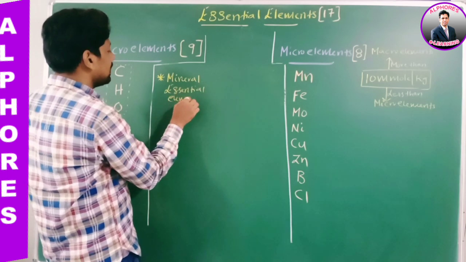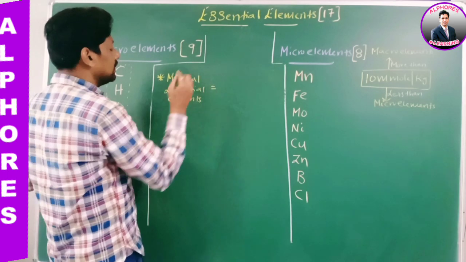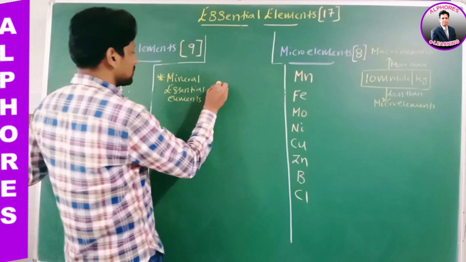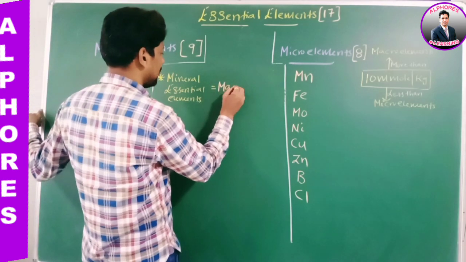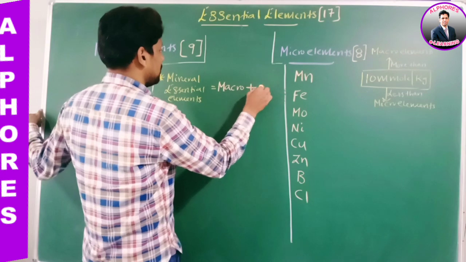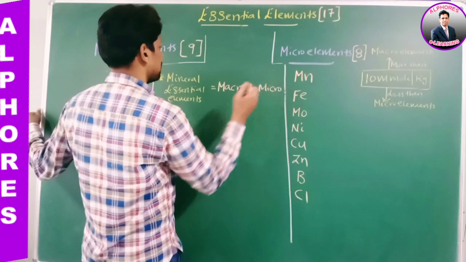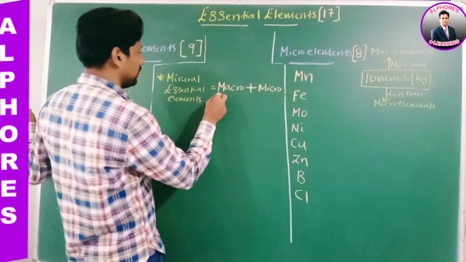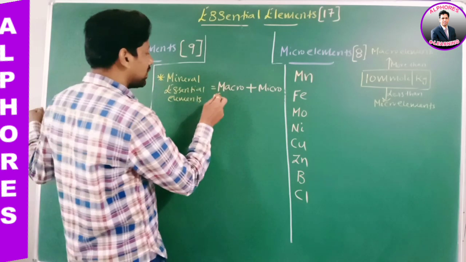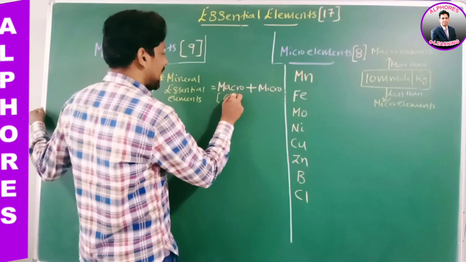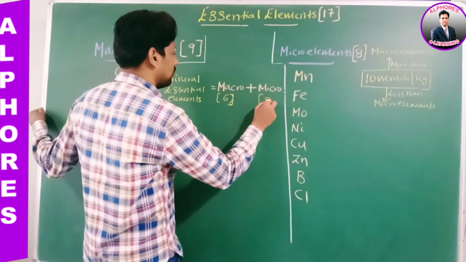Mineral essential elements include macro or micro, sir? It includes macro elements as well as micro elements. Okay, right. Macro how many, sir? 6. Macro is 6, micro is 8.